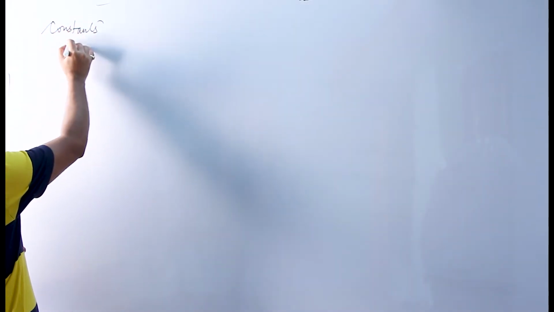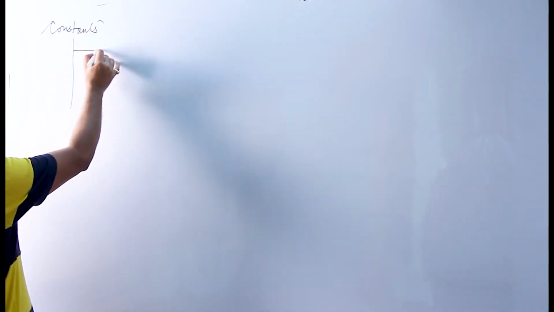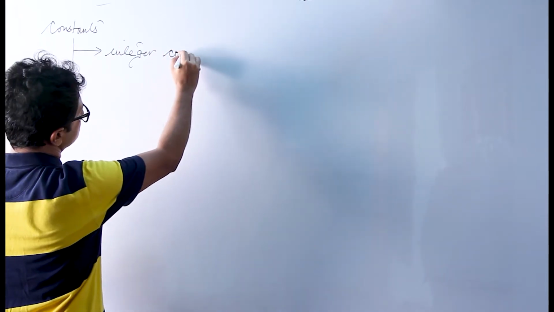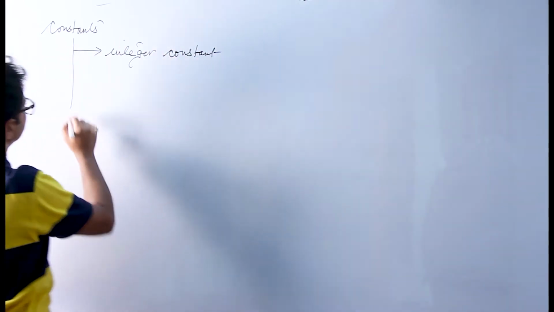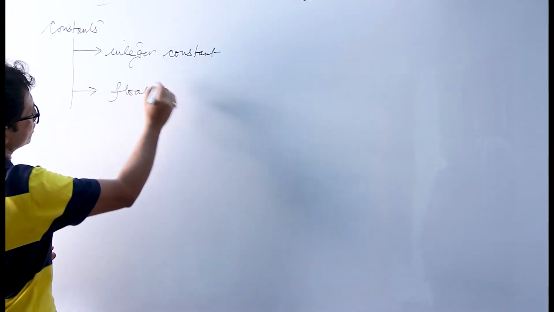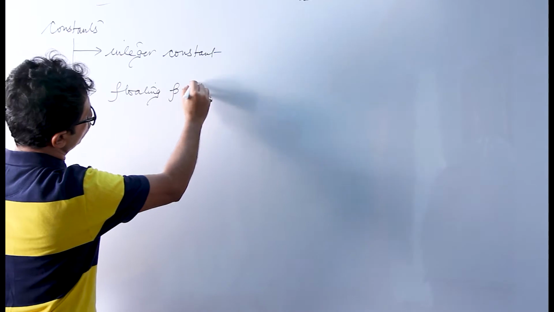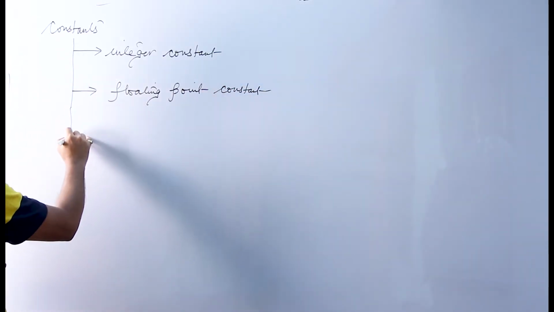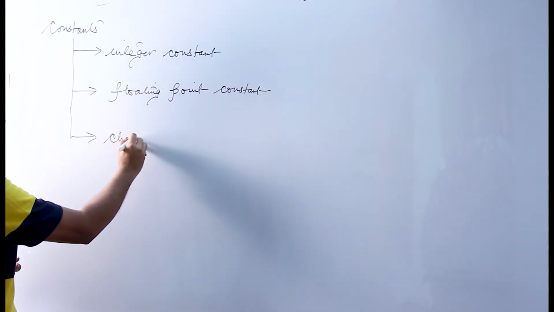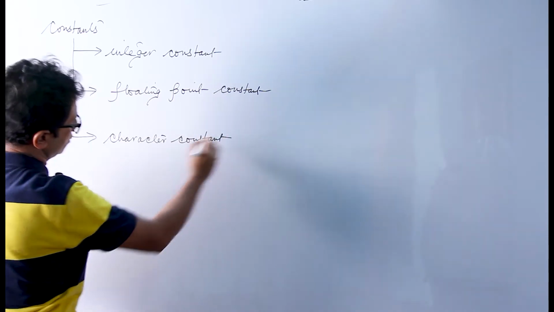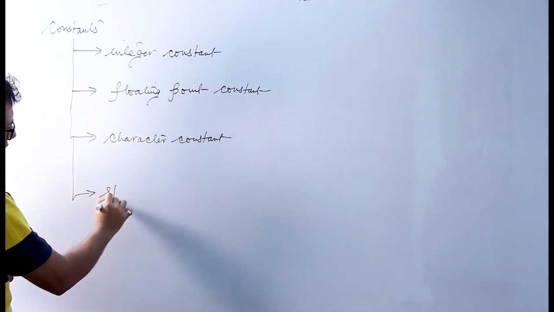There are several constants in C programming and the constants can be integer constants, floating point constants or real constants, character constants, and string constants.